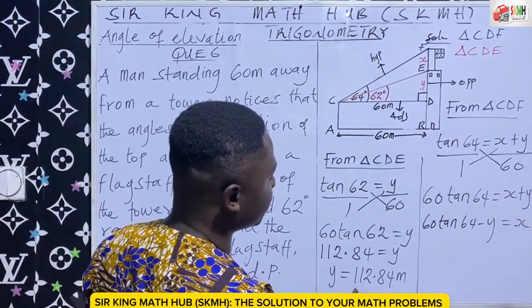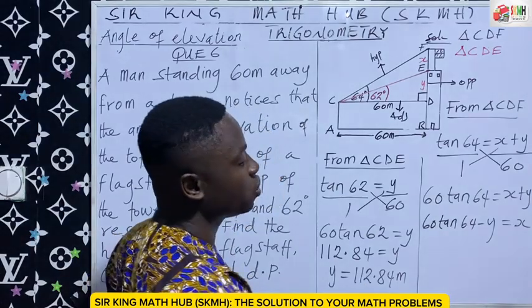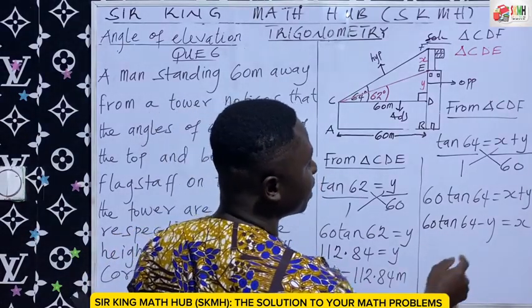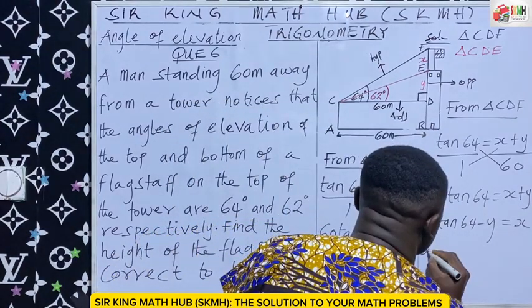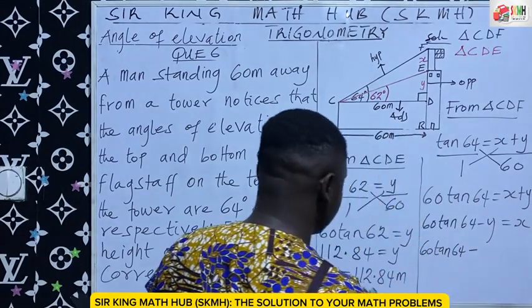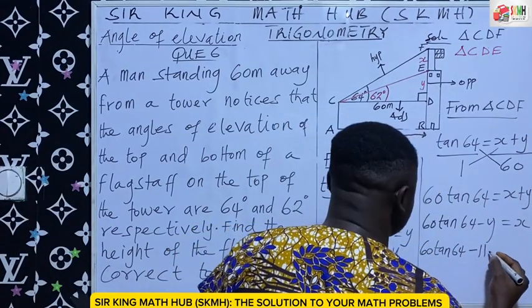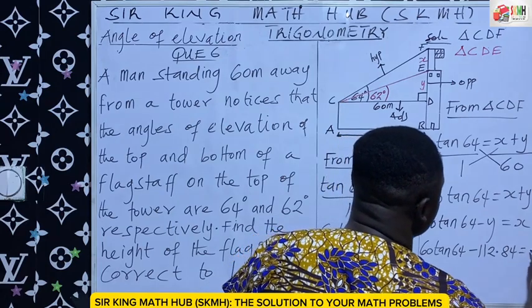The value of y is 112.84. So let's substitute the value of y into this equation. So 60 times tan 64 minus 112.84 is equal to x.